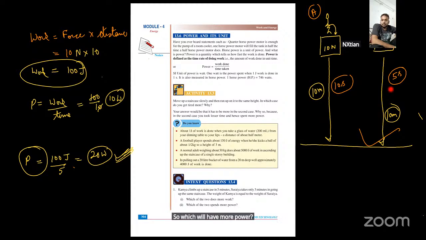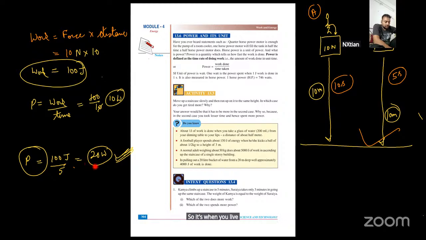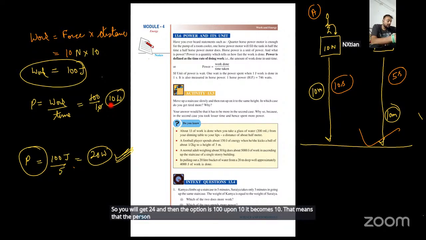The person who did it in 5 seconds. Why? Because work upon time is called power. Work is 100 joule and time is 5, so when you divide, you get 20 watt. In option A, 100 upon 10 becomes 10. It means the person in option B has more power.